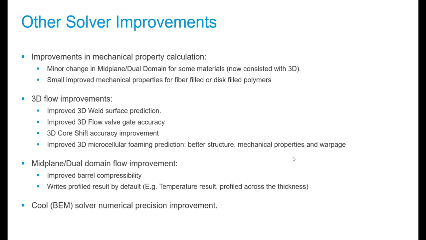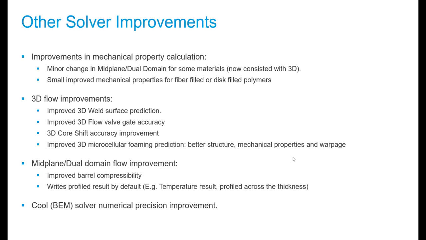On the 3D flow side, we have some new improved weld surface prediction. In the past, we sometimes had holes falling into the weld surfaces that we were predicting, and now we're doing a much better job in creating a continuous weld surface field, if you will.